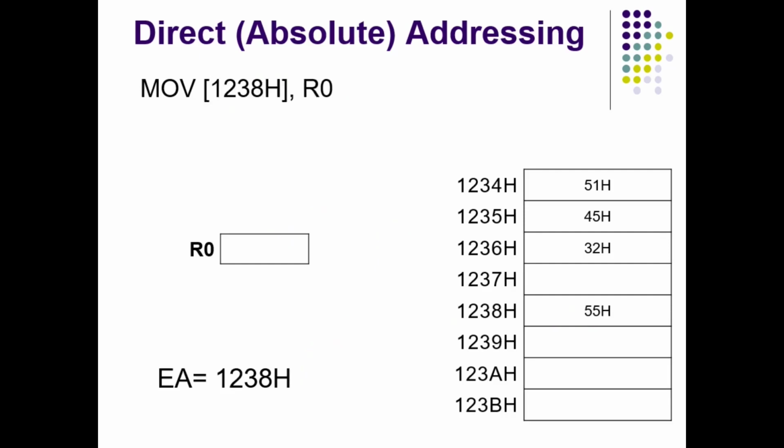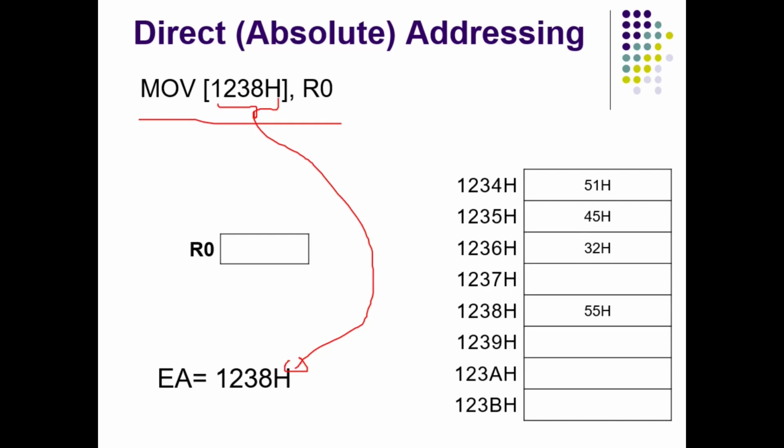In this particular example, I am using direct addressing mode in the source operand. Here I am trying to transfer the data present at address 1238H into the R0 register. So initially the processor understands this as a direct addressing mode and finds out that whatever address you have mentioned itself is the effective address of the memory location you are referring to.